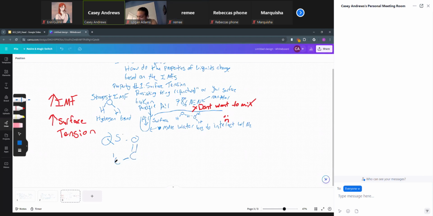You have acetone, and remember, anytime I write these little lines next to carbon, those are hydrogen. You have acetone versus water. My question is, which has the highest surface tension and why?